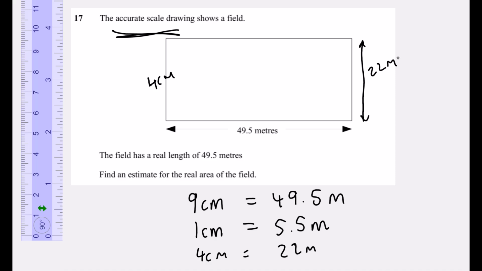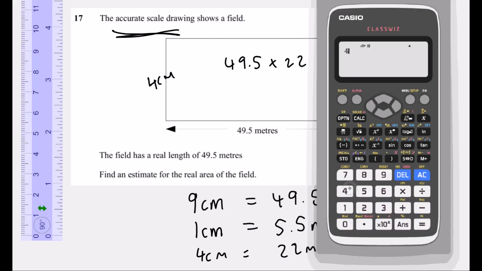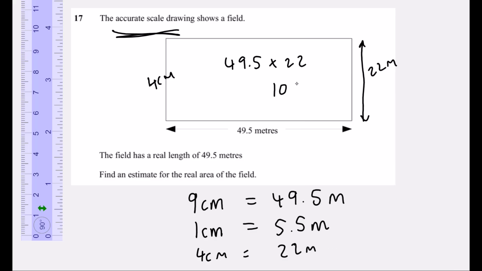So the area is length times width, area of a rectangle. So we want 49.5 times 22, and we get 1089. And it's in meters squared.